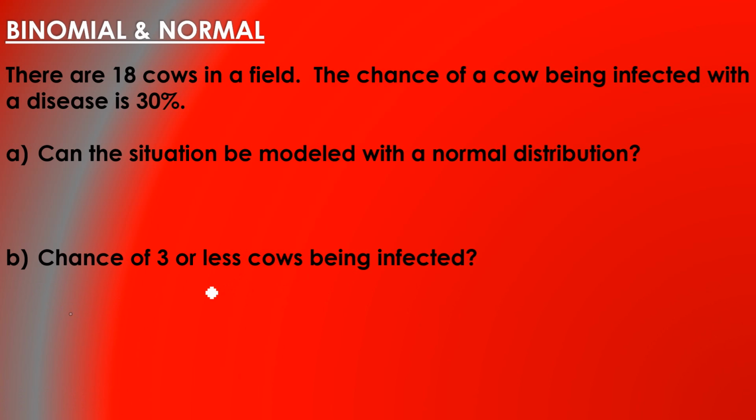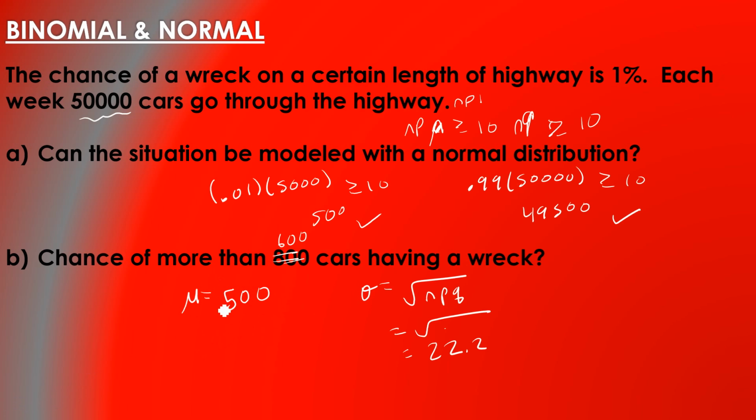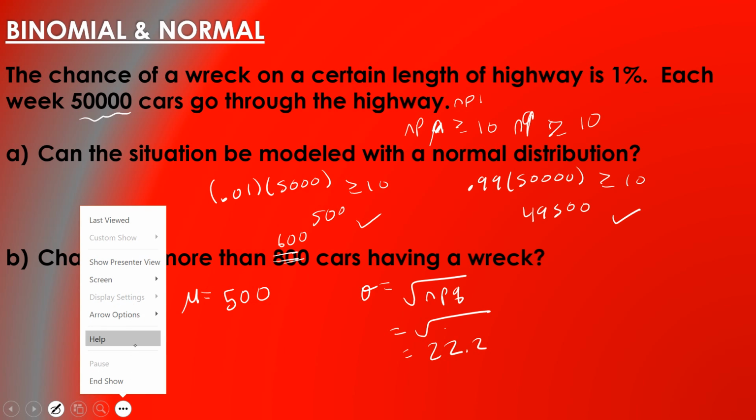I'll turn my pen back on. So our mean still is 500. Our standard deviation still is 22.2. Okay, so I'm just changing that number to 600 so that it actually works out.